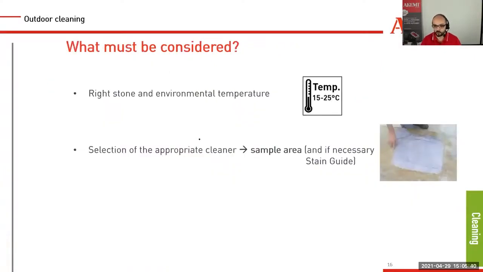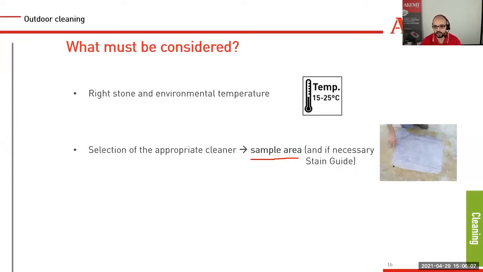But not only a stain guide is something that we recommend, because sometimes you already know your stains and the product you would like to apply on it. But we always recommend making a sample area, meaning you would like to know how the coverage is, because some stones, or actually all natural stones, have different absorptions of liquids.